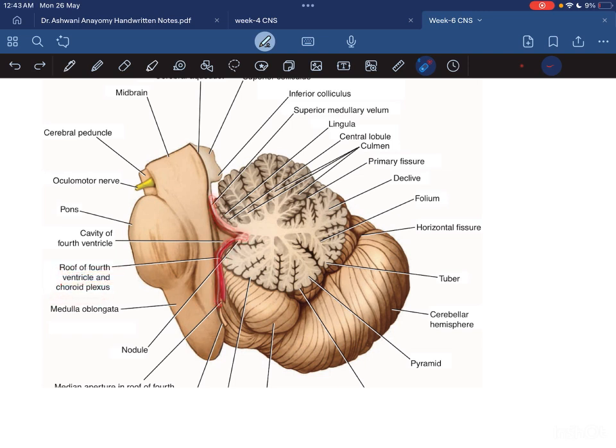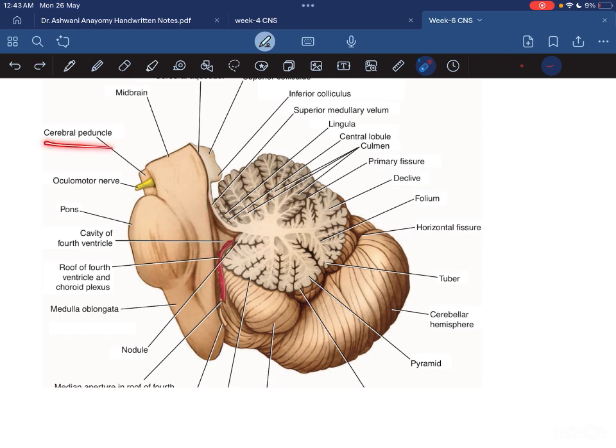This is the roof of the fourth ventricle, and this is the choroid plexus. This helps the synthesis of CSF. The posterior portion of the fourth ventricle has its floor formed by the pons and medulla.